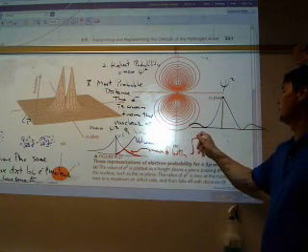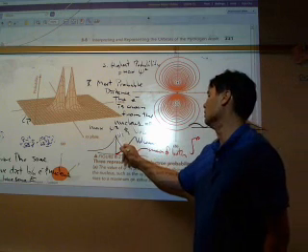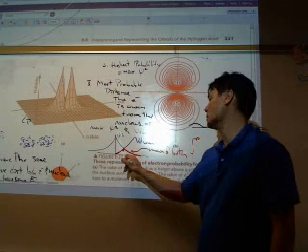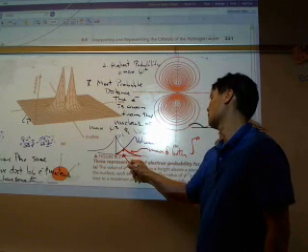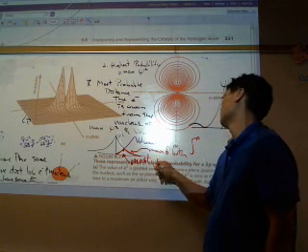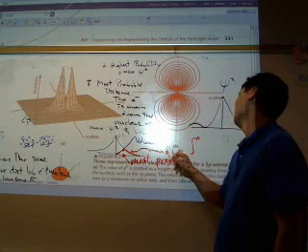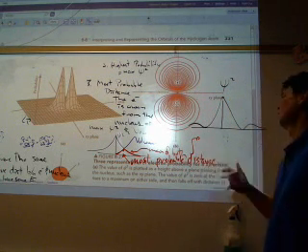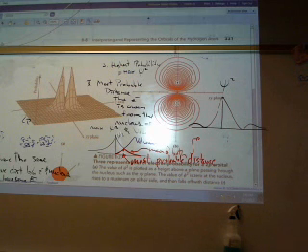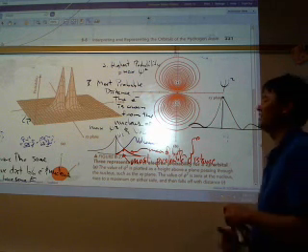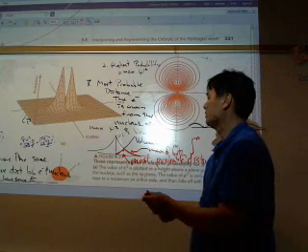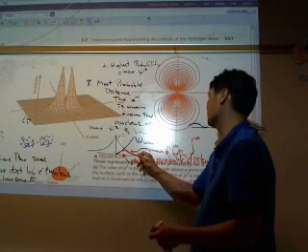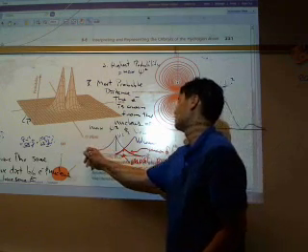This max of both, the peak of this, is called the most probable distance. And actually, this is for, shoot, the psi squared is going to have another hump because it's got this thing too.